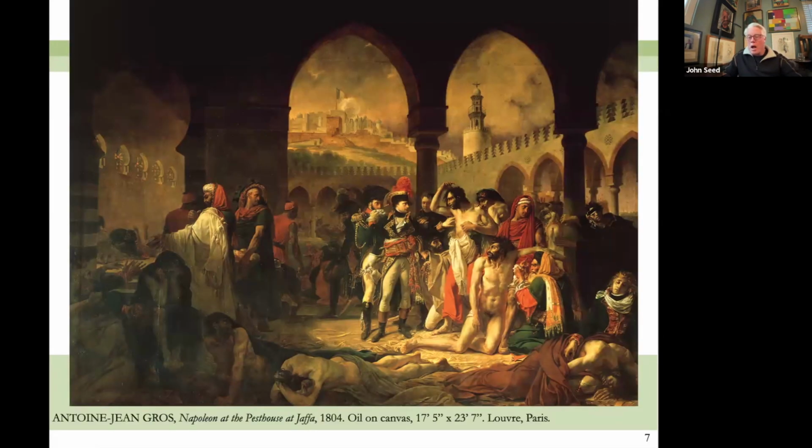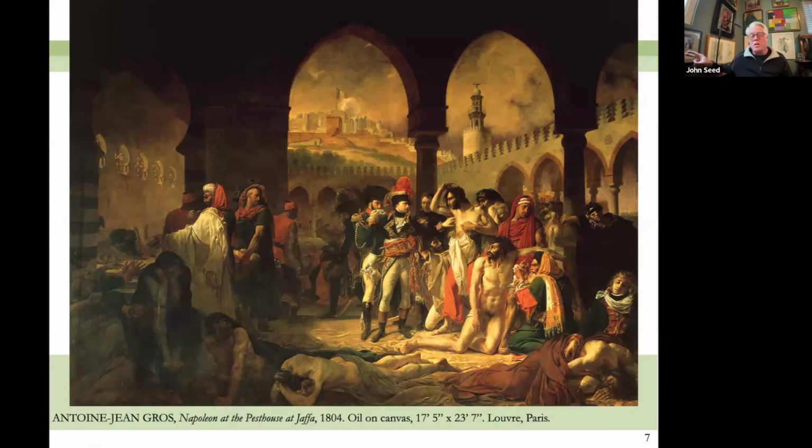So, still a few more empire paintings, by a pupil of David, by Gros, a great academic painter. We have an adventure of Napoleon in Haifa in the Middle East. What's happening here is that Napoleon is given a Christ-like or saintly power to heal, because in a house filled with men suffering from the plague, Napoleon reaches out and touches a man, and of course is going to heal him.